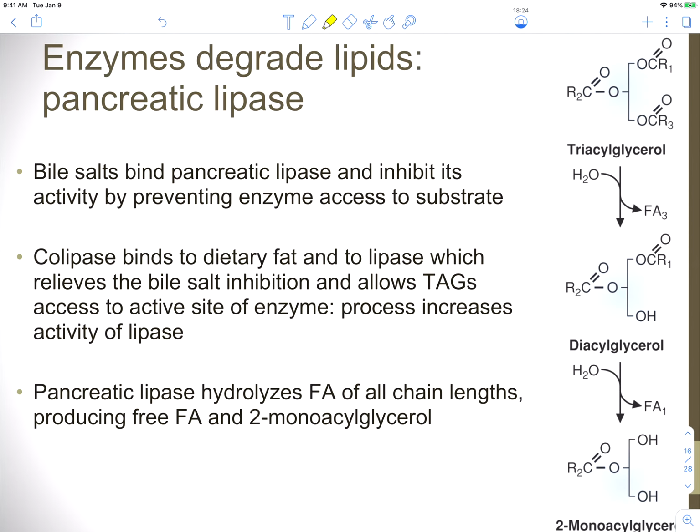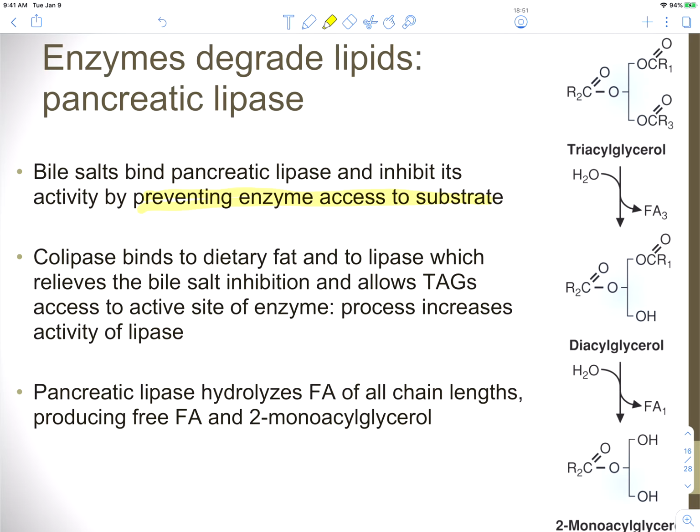Okay, so our bile salts will bind to our pancreatic lipase and will actually inhibit pancreatic lipase activity. And this is by preventing the enzyme access to the substrate. So you can think of your bile salts as having two arms and two hands. One hand is holding your pancreatic lipase, and the other hand is holding your fat, and is keeping them separated.